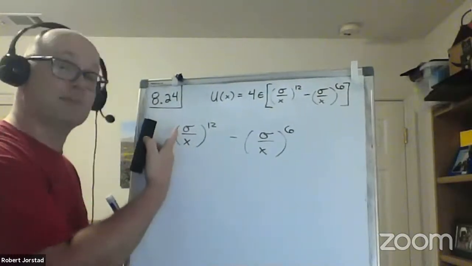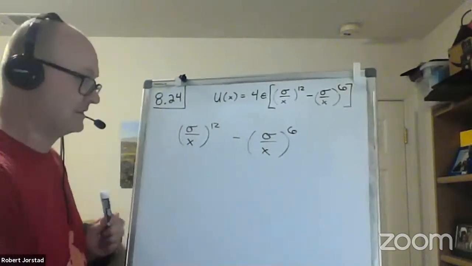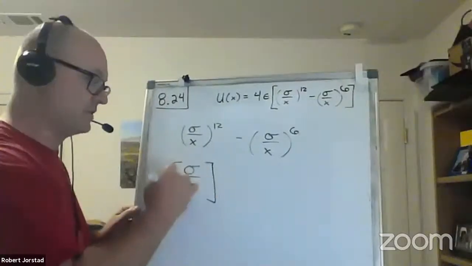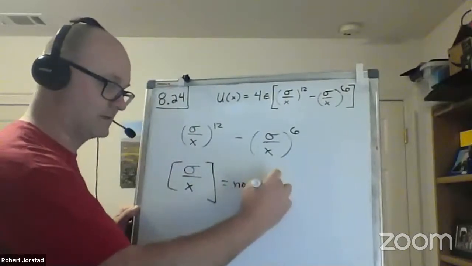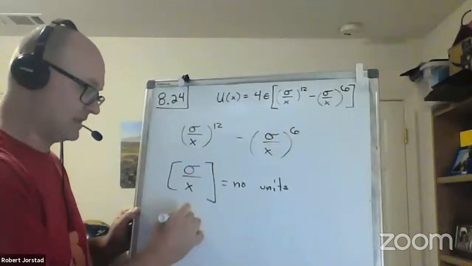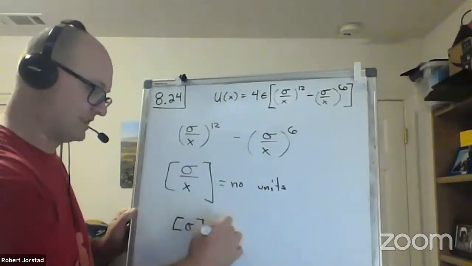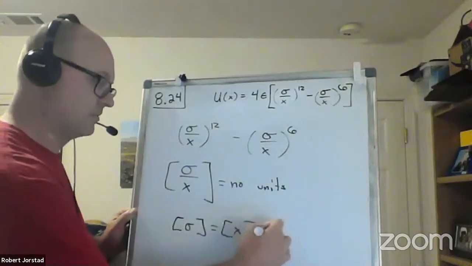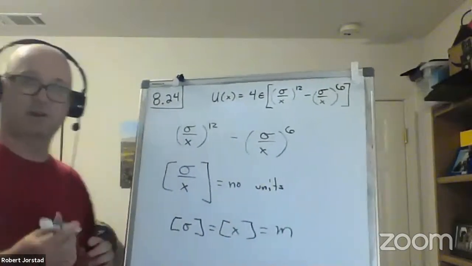So what are the units of sigma? Units of x. Sigma over x has no units. Otherwise, this won't work. So if this has no units, that means the units of sigma have to equal the units of x, which are meters. That's where I wanted you to go with that.